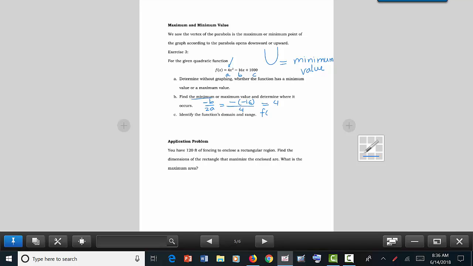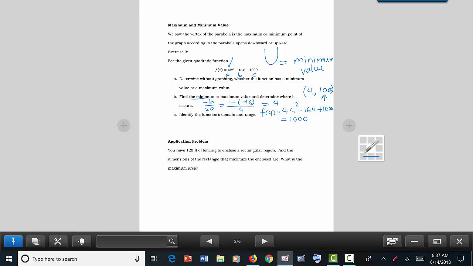F of 4 is 4 times 4 squared minus 16 times 4 plus 1000. This is gone, so we are left with 1000. So the vertex has x coordinate 4 and y coordinate 1000, and this is the minimum value.